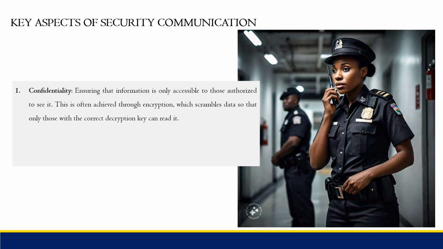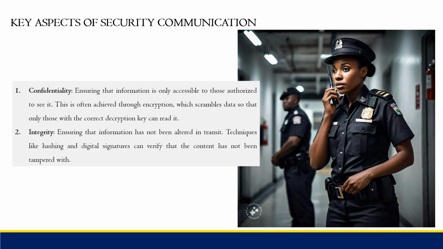This is often achieved through encryption, which scrambles data so that only those with the correct decryption key can read it. 2. Integrity. Ensuring that information has not been altered in transit. Techniques like hashing and digital signatures can verify that the content has not been tampered with.